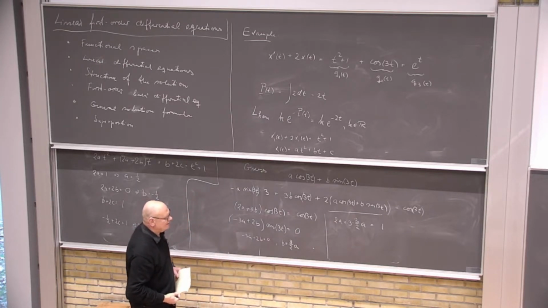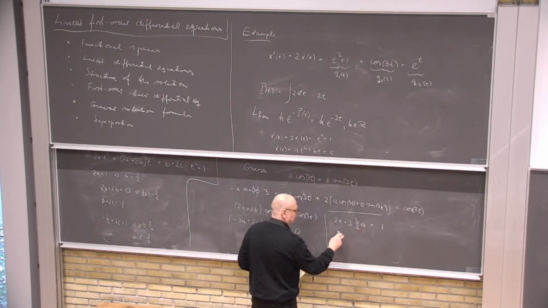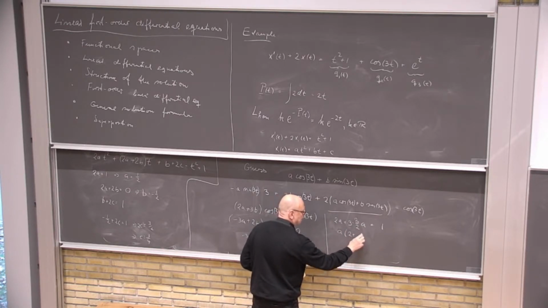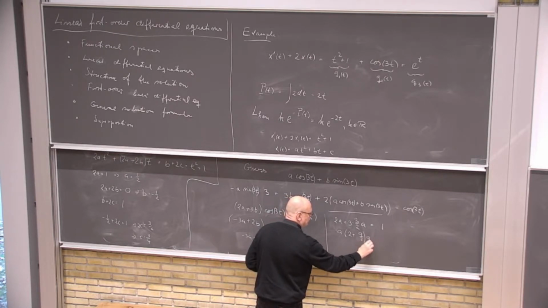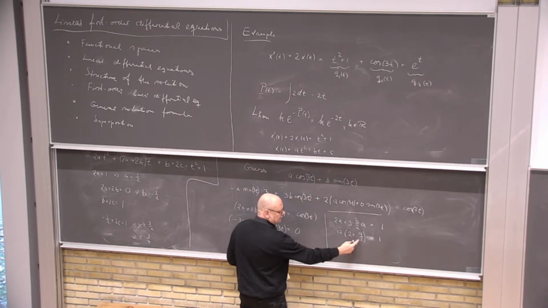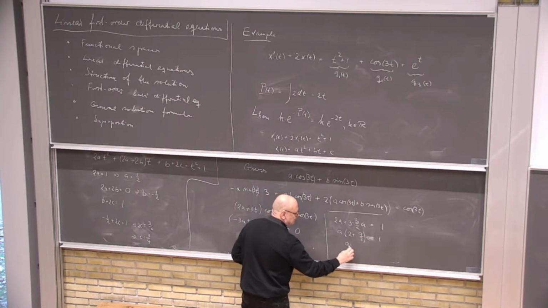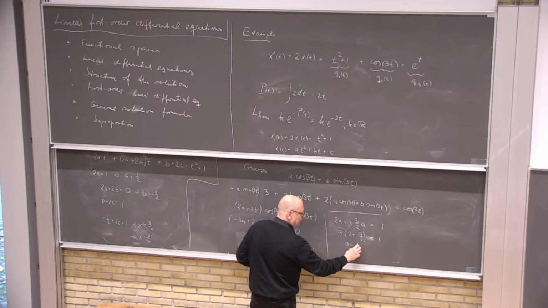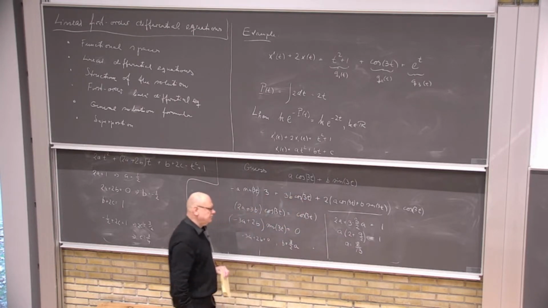And this is an equation where we can isolate a. You get 2 plus 9/2, and this is 2, this is 4, 13. So a is 2 divided by 13.